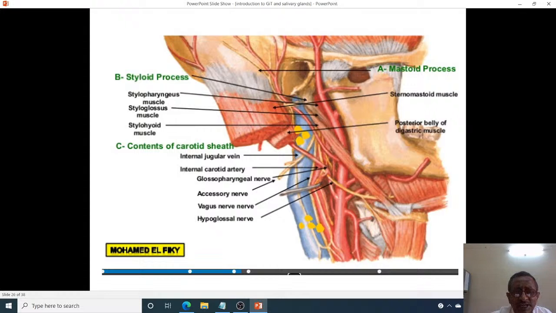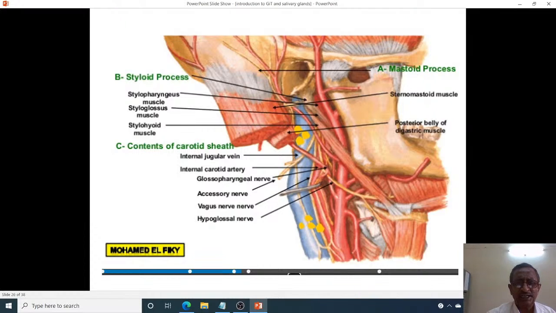It is also in relation to the styloid process, which has the attachment of muscles like stylopharyngeus, styloglossus and stylohyoid. And then the carotid sheath is also in relation to the posterior medial surface, wherein we have the internal jugular vein, internal carotid artery, then the glossopharyngeal nerve, accessory nerve, vagus nerve and hypoglossal nerve.